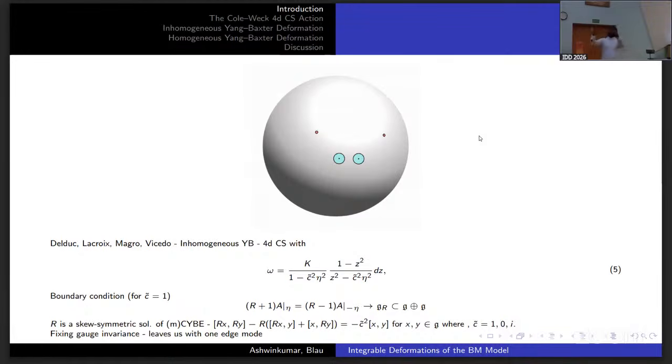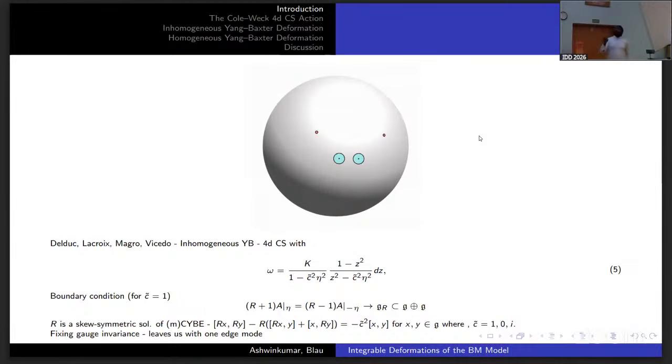Because there are 2 copies of the gauge field at the 2 poles, the boundary field space is either G ⊕ G or G^C. So the boundary condition we impose corresponds to a certain isotropic subalgebra of this double, specified by a skew-symmetric solution of the modified classical Yang-Baxter equation.